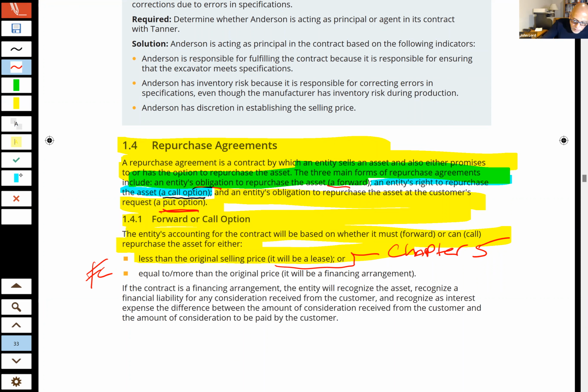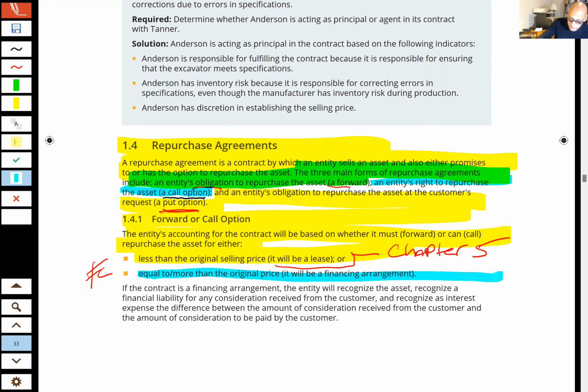If it is equal to or more than the original price, we think of that as a financing agreement. So flashcard that. Think about it: if somebody can make me repurchase something that I sold to them for more than or equal to the original selling price, I'm essentially borrowing money from them. I'm giving them the property, they're giving me the money, but they can make me give the money back. If somebody can make you give money back to them, that's a liability, that's borrowing.